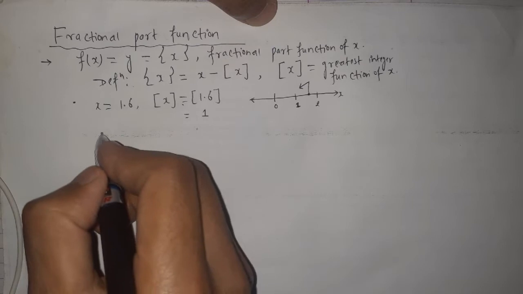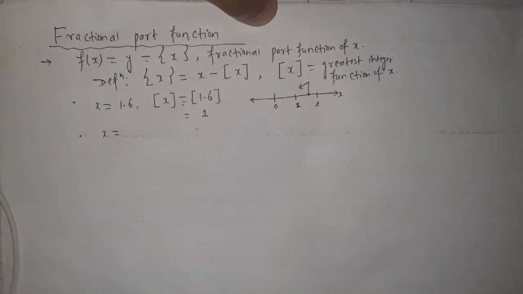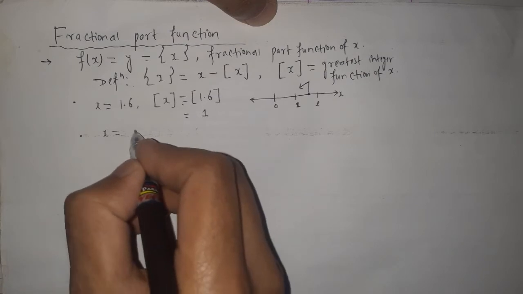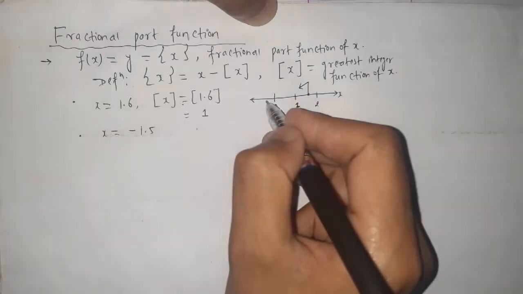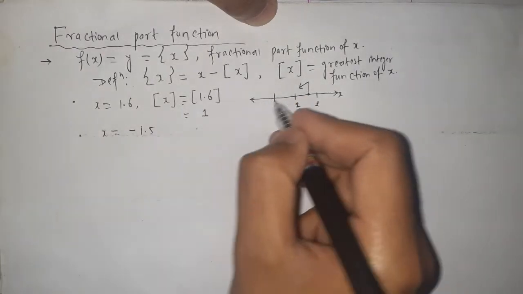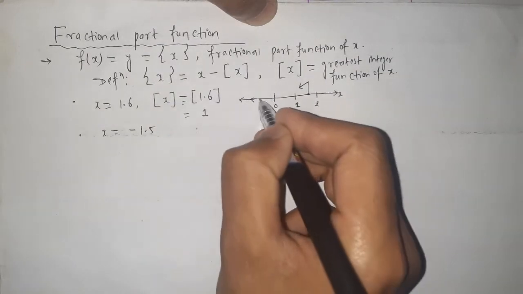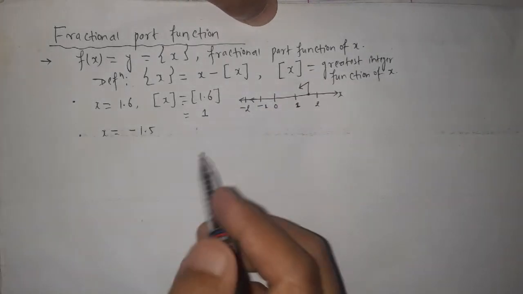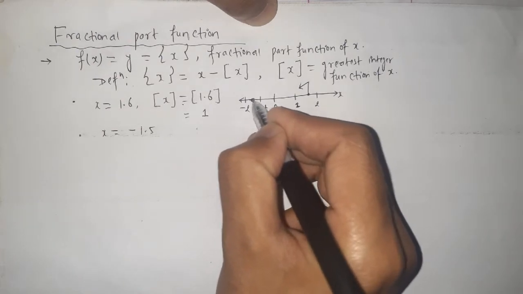Let's calculate for other inputs. Let's take the value of x as negative 1.5, for negative values. Let's extend this number line. Suppose this is negative 1 and this is negative 2. Negative 1.5 lies between negative 1 and negative 2. This is the point.